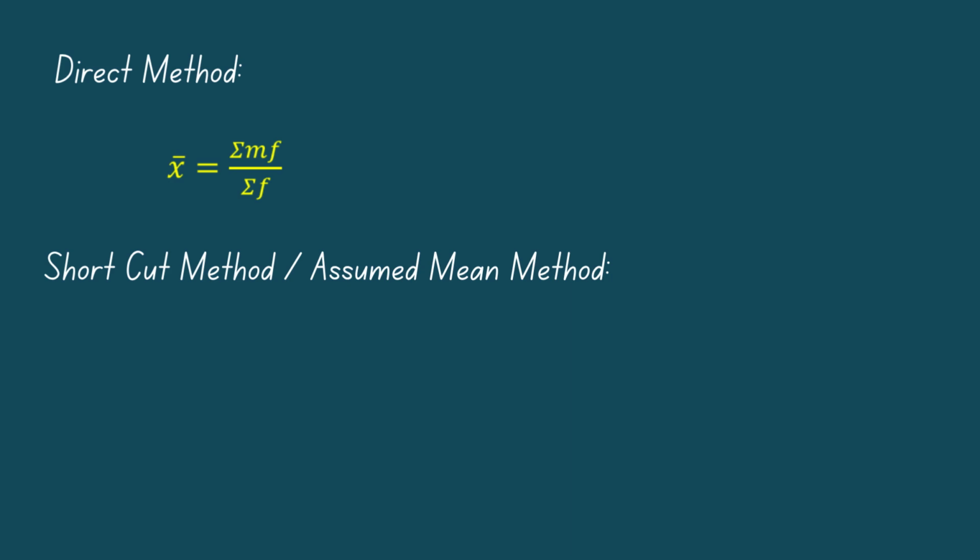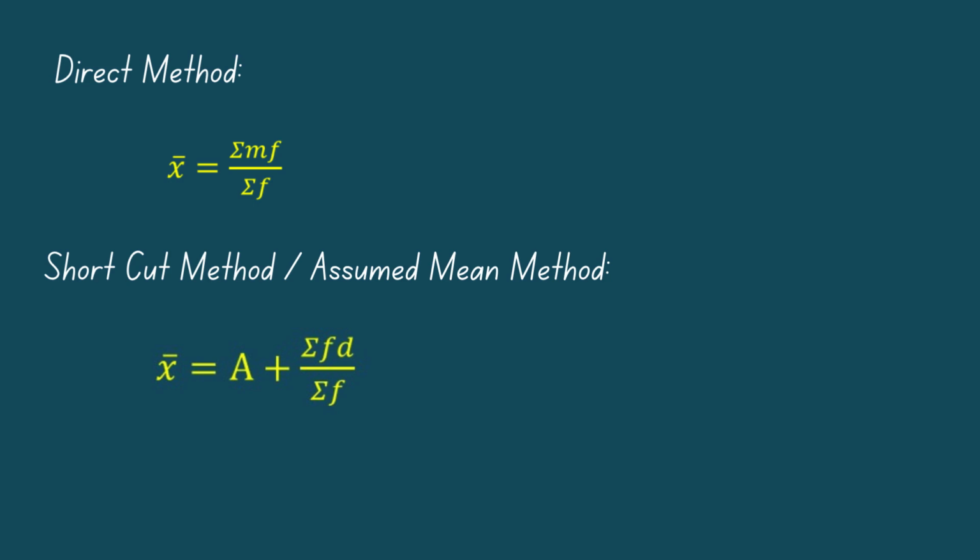So the formula for this method is mean is equal to A plus sigma fd by sigma f. Here, d is the deviation of each midpoint from the assumed mean, that is, d is equal to m minus A, or midpoint minus the assumed mean.